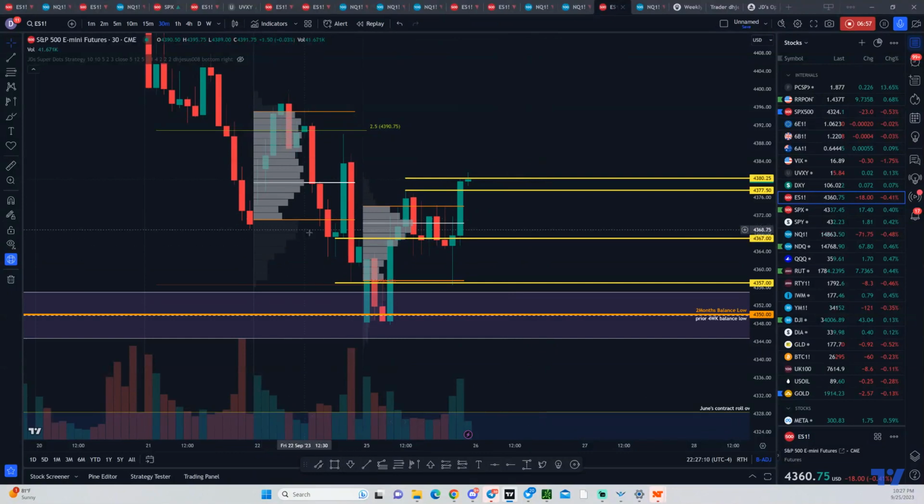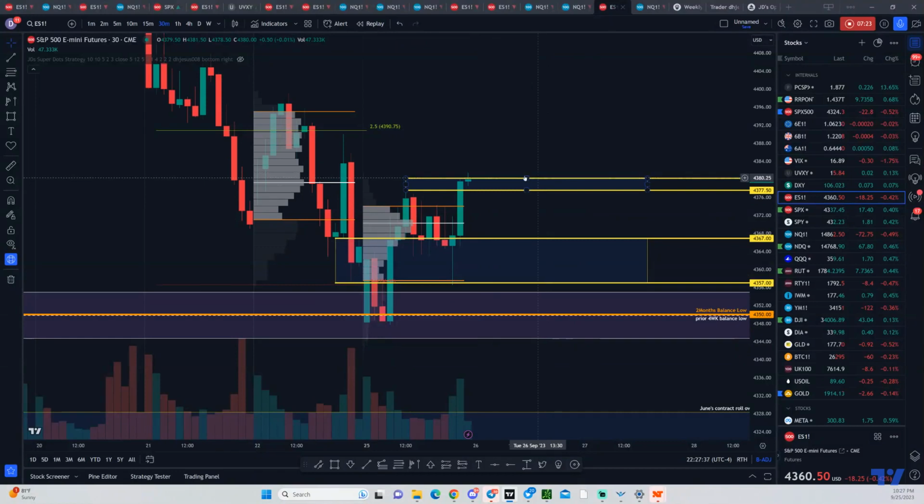So I expect this area here to potentially come into play again, and I expect this area here to come into play tomorrow, whether we start on the downside like we did today and move up, or whether we open above it.